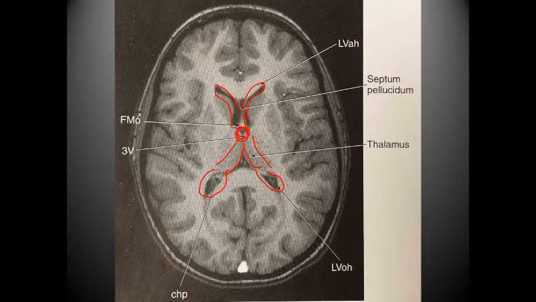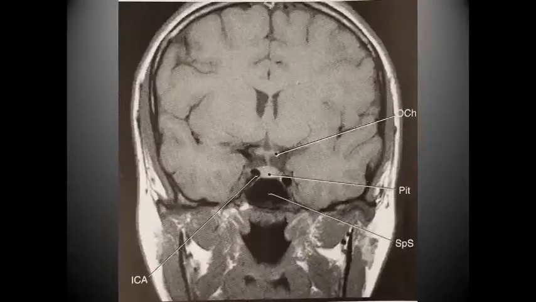We're seeing the third ventricle slightly appear there. Lateral fissure residing in this area. Longitudinal fissure running up and down. Notice that we do have the choroid plexus.